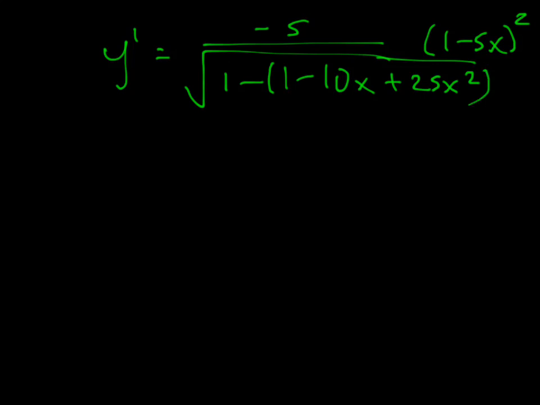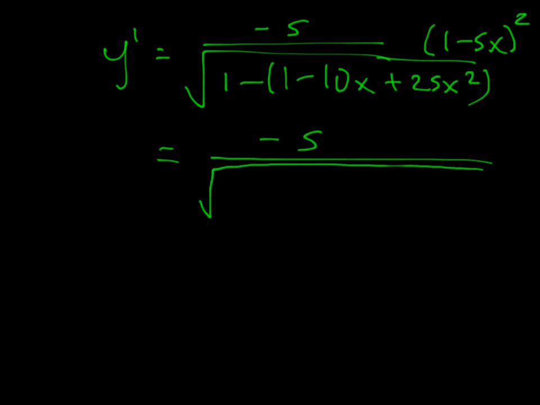And so that's going to be -5 over, and you have to watch your signs here because you've got to make sure that you change the sign of everything there in brackets. So I'm going to have 25x squared plus 10x, just like that.